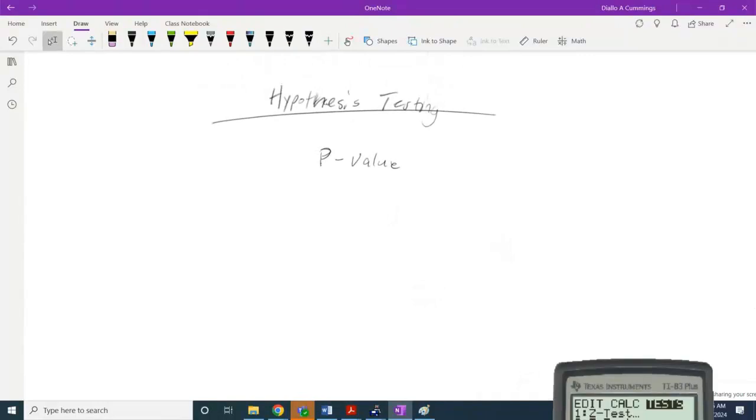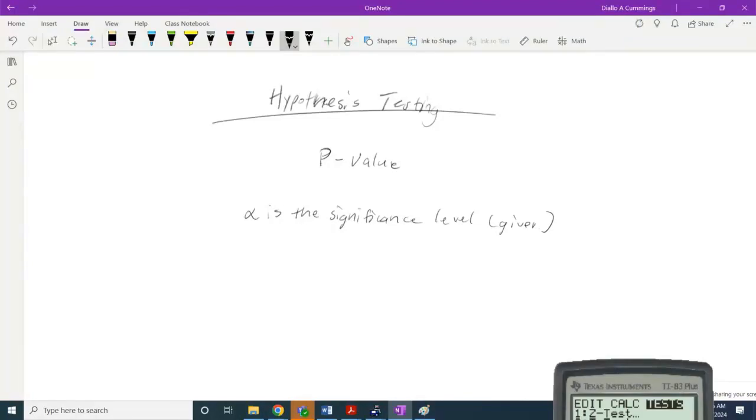In each one of our problems, we're going to be given a significance level called alpha. So alpha, that is the significance level, and that'll be given in a problem.